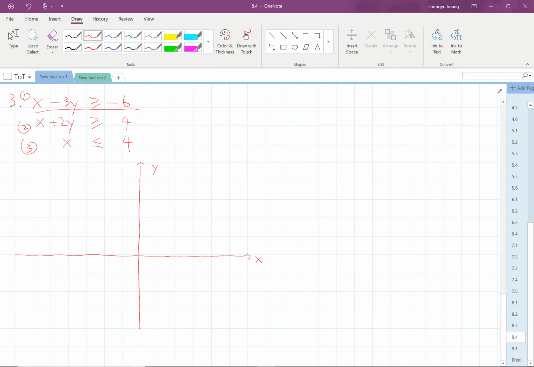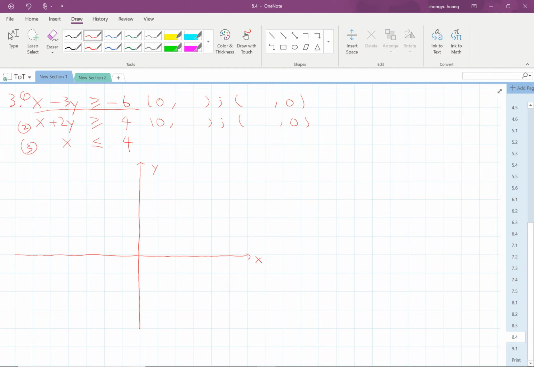As always, we are trying to join those inequalities, so you need to find the x-intercept and the y-intercept. And always remember, when you join those inequalities, the first step is always replacing the inequality sign with the equal sign.